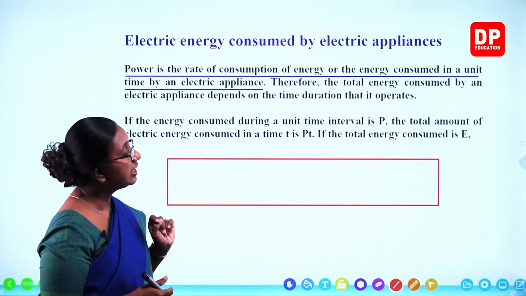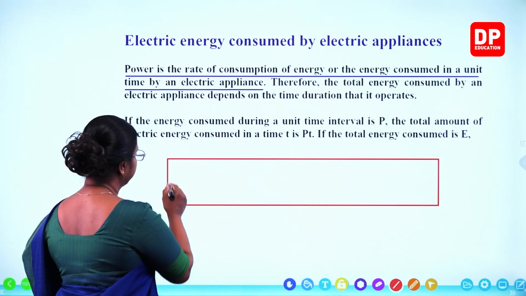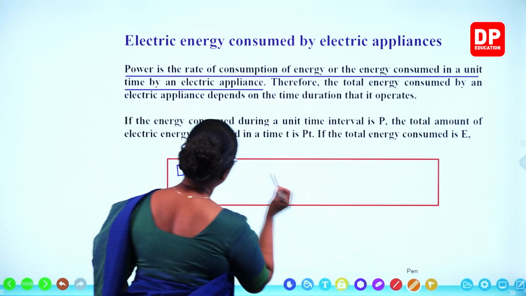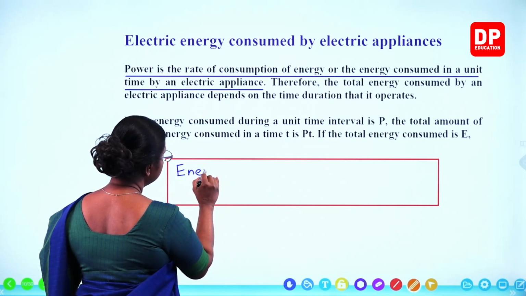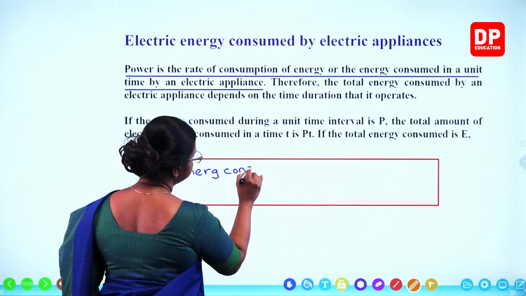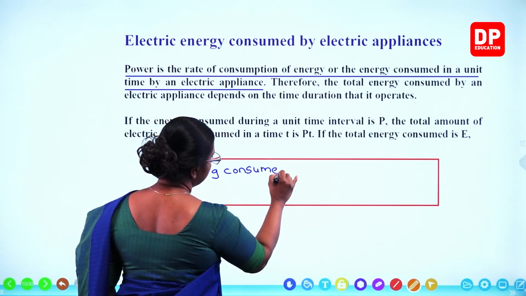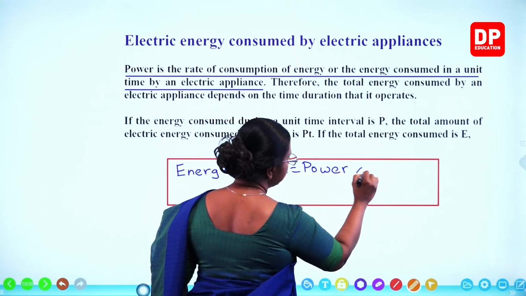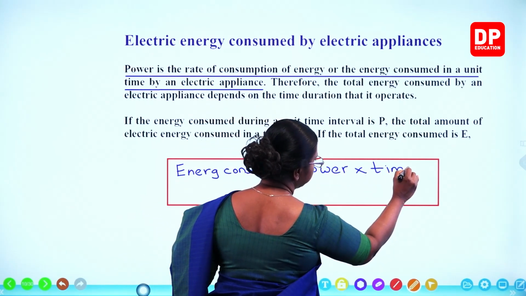So, if the total energy consumed is E, energy consumed is equal to power multiplied by time.